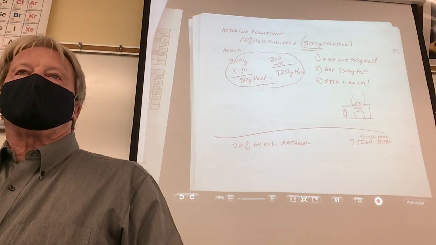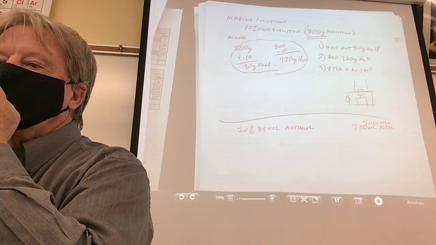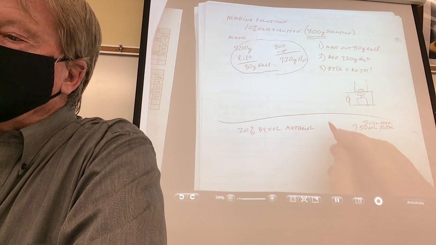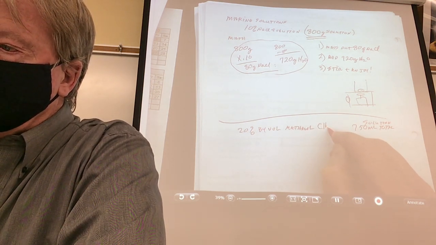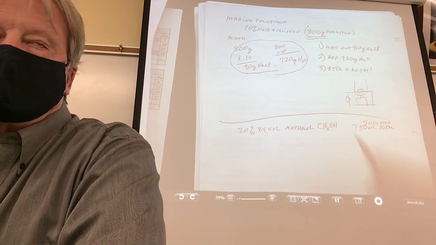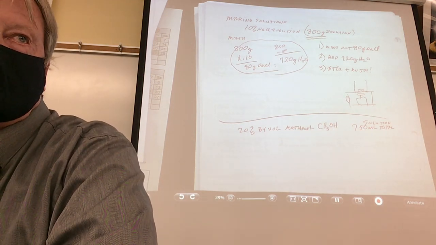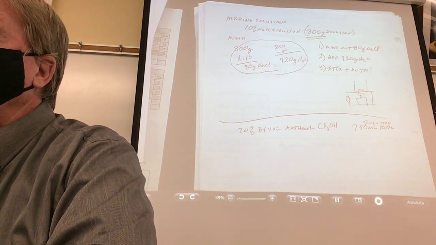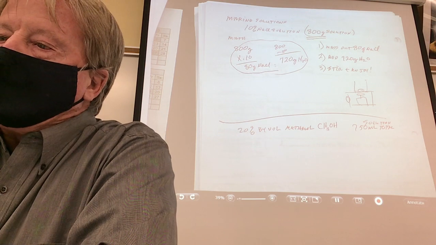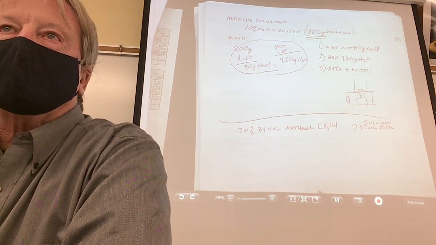I want you to make me a solution that is 20% by volume methanol. Now, you don't know what methanol is, but I'll show you. Methanol is this, that's the chemical for methanol. In second semester, we're going to do organic chemistry, and you'll know everything about methanol. All right, so let's do some math first, and then we'll talk about how to do it.